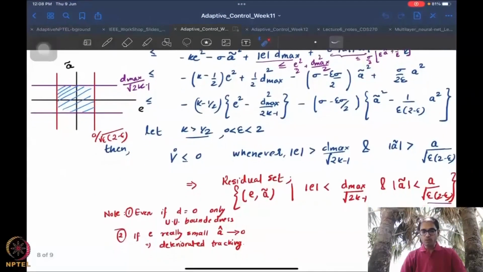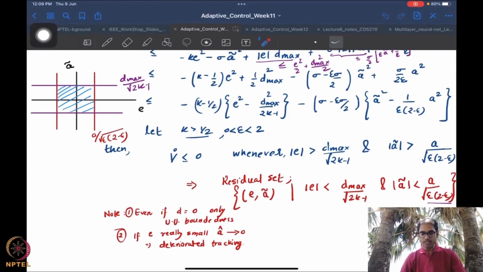Now, a couple of issues. One of the issues is that even if the disturbance is zero, we only get bounded performance with such kind of analysis, right? Which may more or less be okay for most practicing engineers, but may not be okay with some theoreticians. They would say that if there's no external disturbance, why am I still getting poorer performance, or not ideal performance, right?